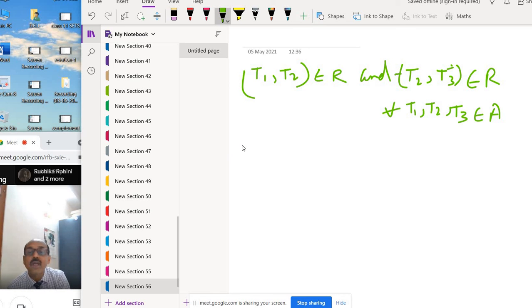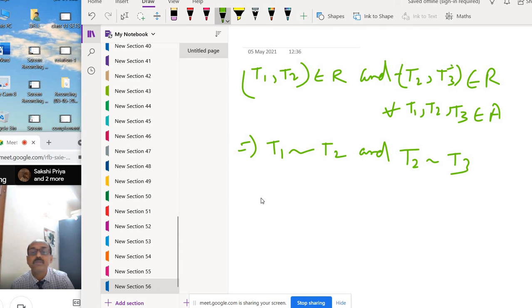Then this implies T1 is similar to T2 and T2 is similar to T3. That means all three are similar, T1, T2, T3. So we will get from this, that is first and third, T1 is similar to T3.